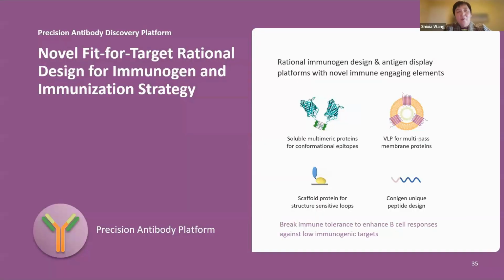The next section, I'm going to talk about the novel fit for target rational design for immunogens and also for immunization strategies. Based on each target, we'll design different forms of antigens. The goal is to generate antibody responses in the immunized host and break immune tolerance, generate high quality antibody responses.